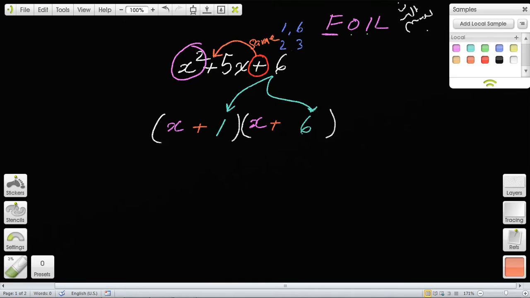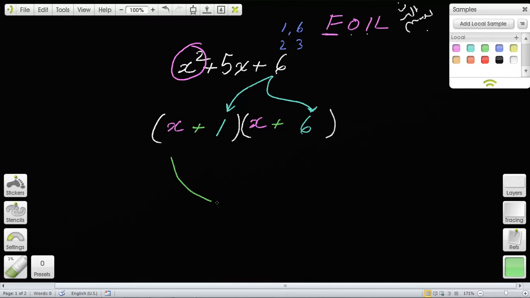If somebody had picked 1 and 6, and they looked at this sign, they'd say they're both going to be the same, and they're both going to be positive. So they're going to put 1 and 1.